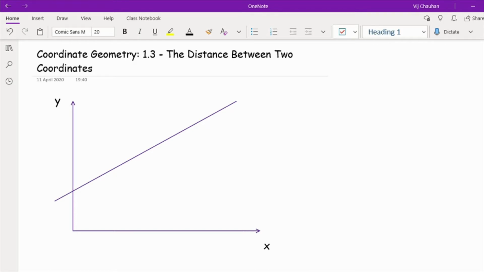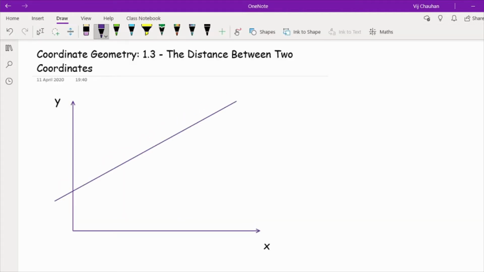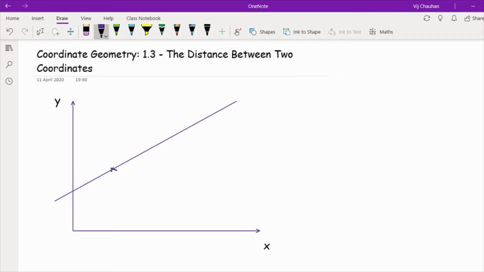formula is actually derived. So what I'm going to do is, again, I've picked my XY axes and I've drawn a straight line, and I'm just going to pick two coordinates that lie on that line. So I'm going to pick this coordinate here and this coordinate here.